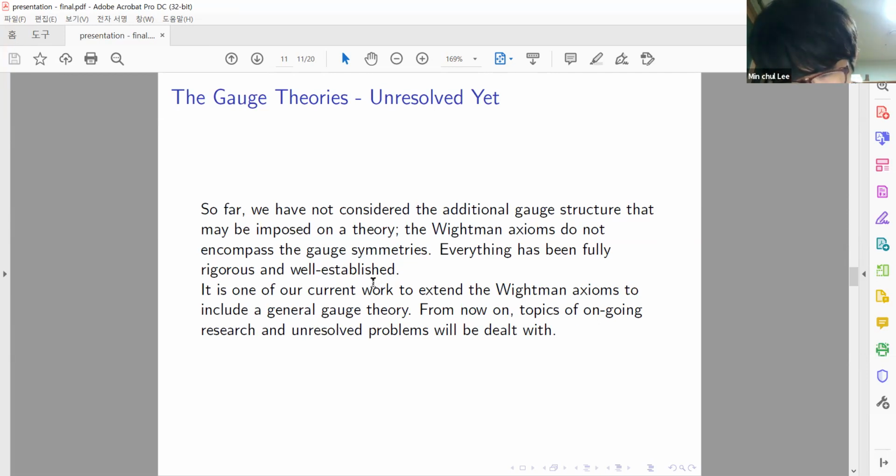I mean, the perturbative theory has been well established. Is the Wightman axioms, that's a non-perturbative theory, right? That's a full theory, right? Right. Wightman axioms are non-perturbative, right?